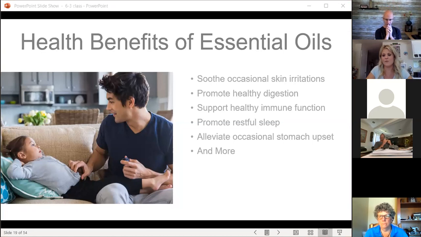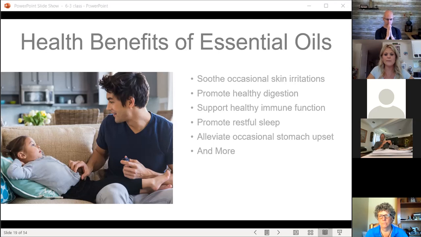There are so many different ways that we can use our oils for those health concerns. This is why essential oils have become so popular, because people are seeking out different ways that they can support themselves naturally without the reliance of medication.